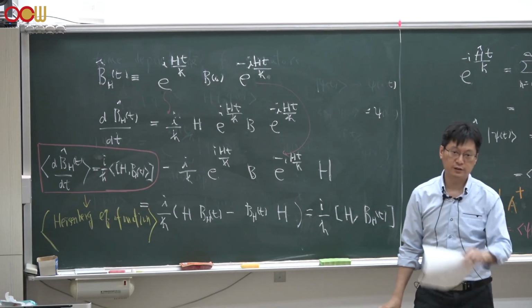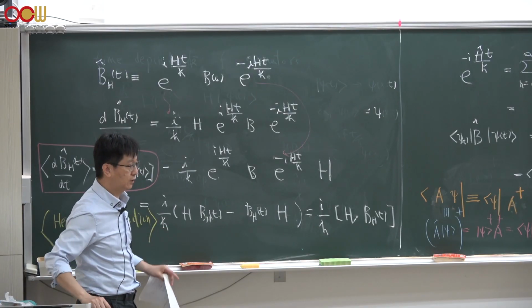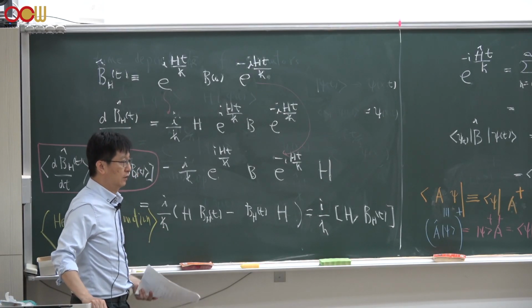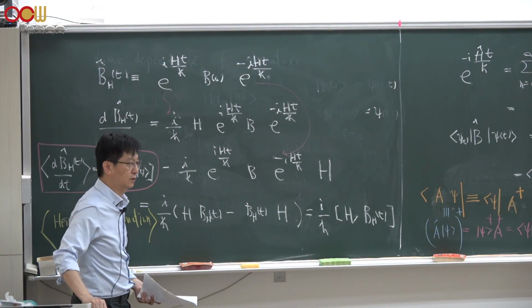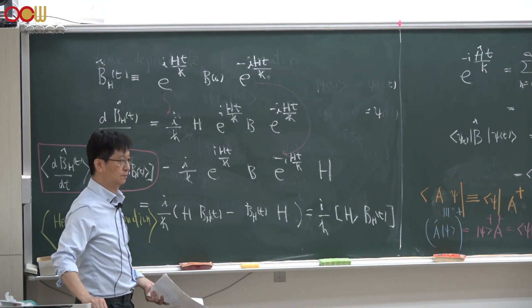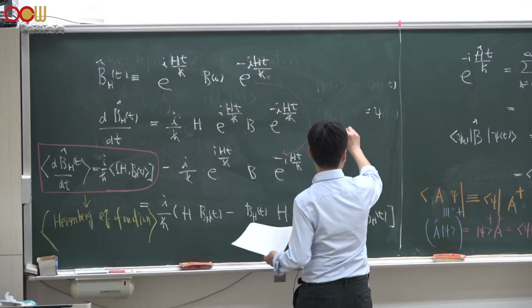In other words, we could use this Heisenberg equation of motion to really calculate the expectation value of an operator in the Heisenberg picture, for example, this momentum operator or position operator. And next, we will calculate precisely these two.